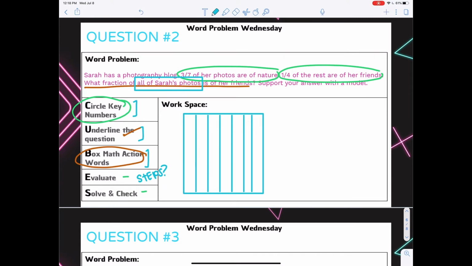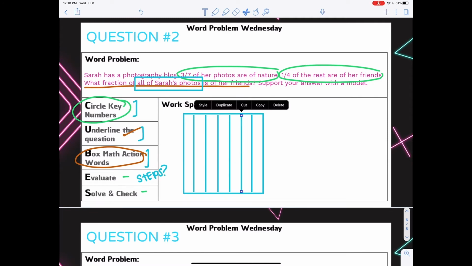And I'm going to clean it up as best as I can. You guys don't have to do it as perfect as I need to, I just want you to understand as best as you can. Making it as even as I can will just make it easier for you guys. So here we have our blog cut up into sevens.